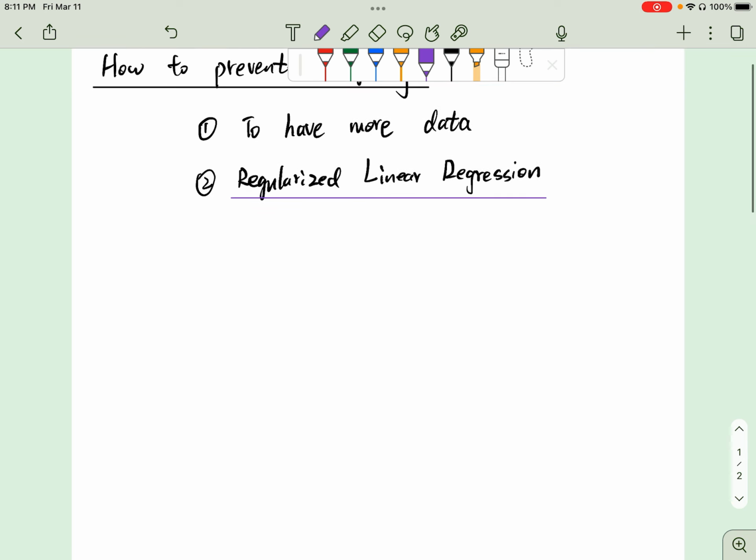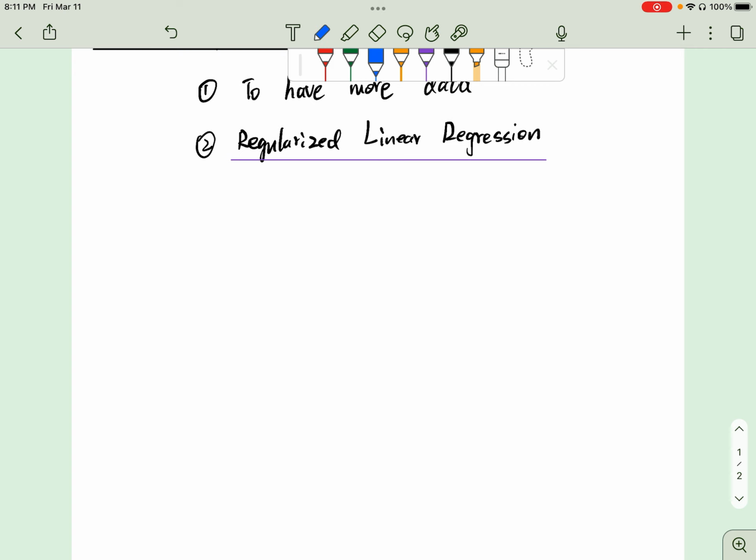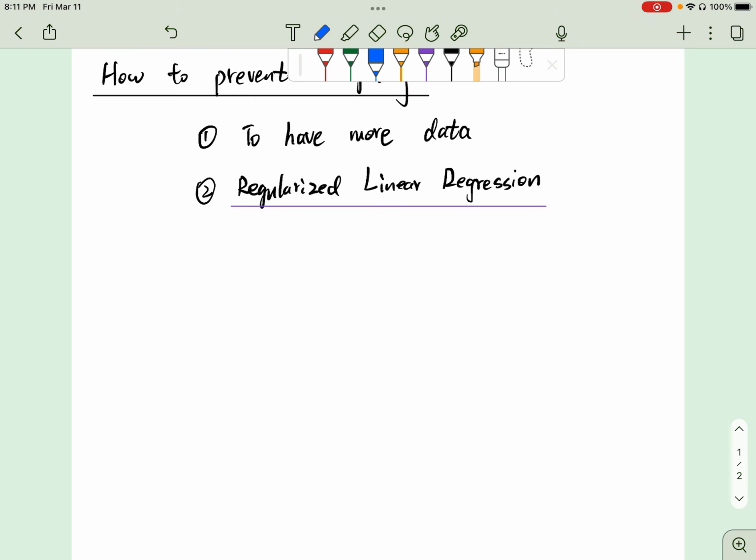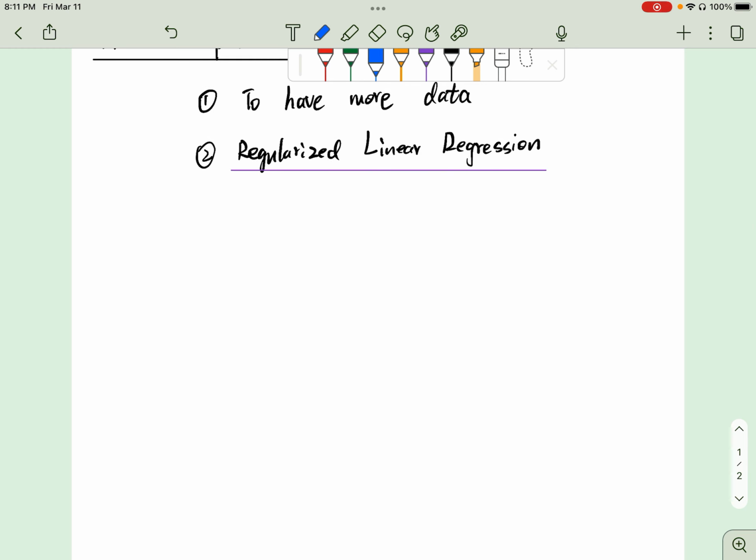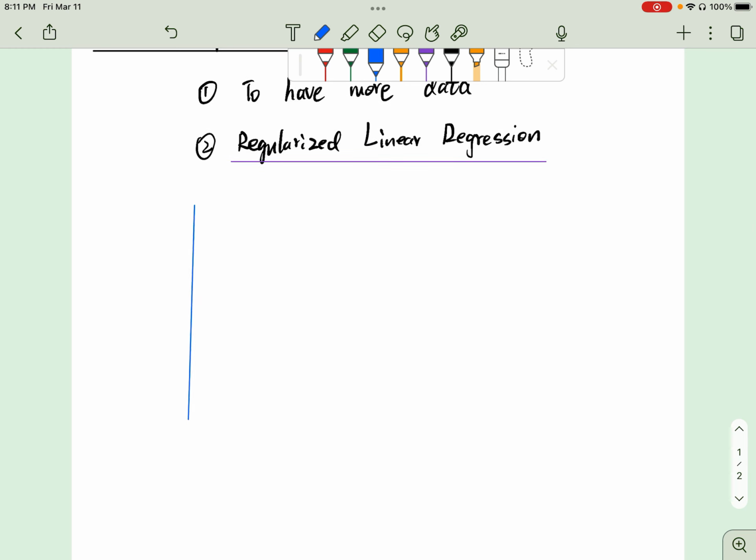As usual, I will also start with examples, because I think examples will help you understand the concepts better. So let's start with the example we keep using.